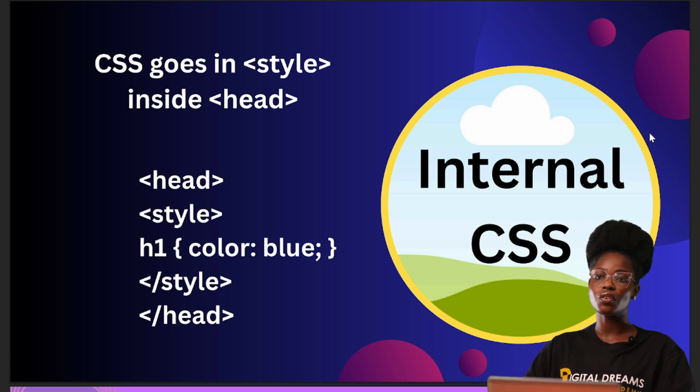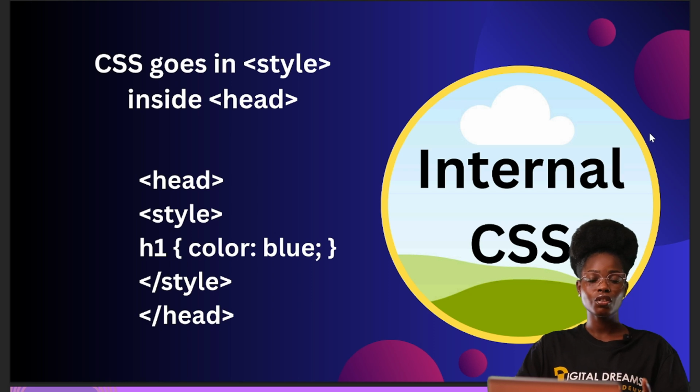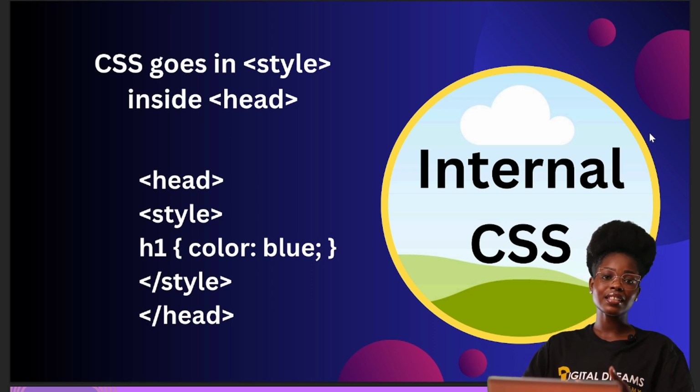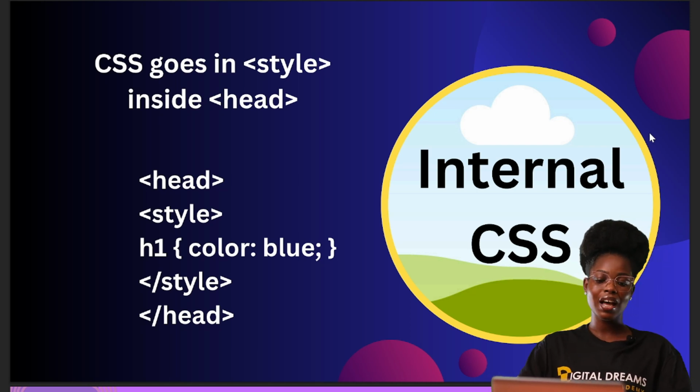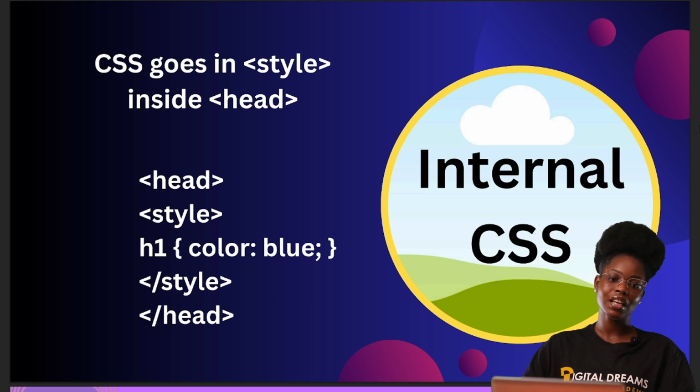That's where your title goes, because whatever is inside the head cannot be seen on your web page. It's not the same as the body. It's just like the brain of the HTML. It's the brain of your website. So whatever you add in there cannot really be physically seen.